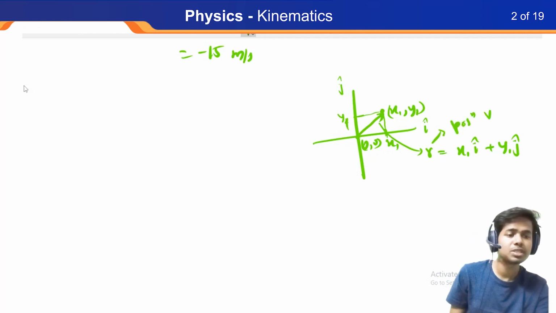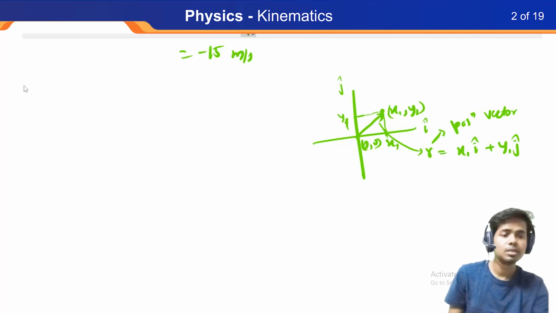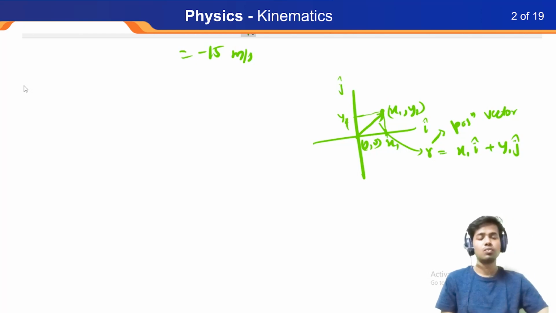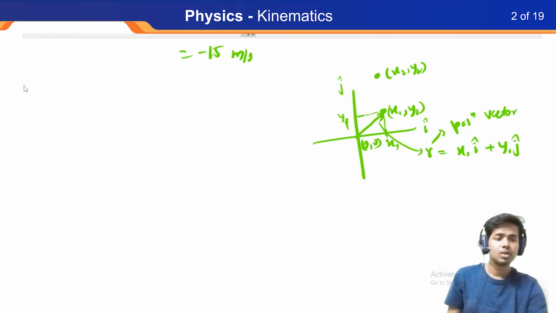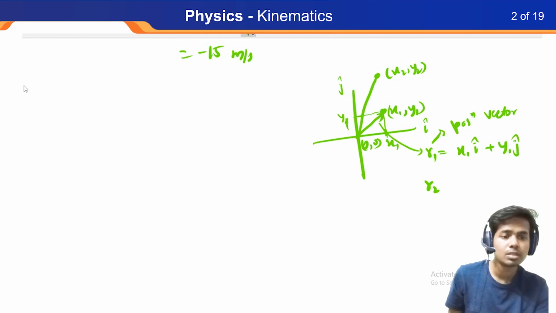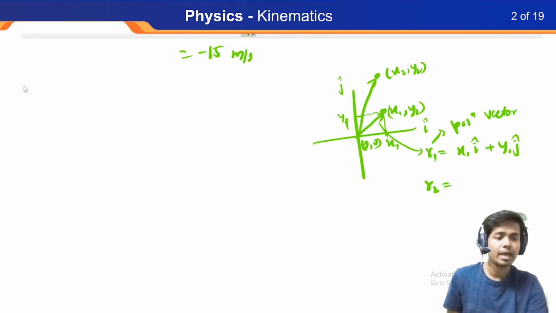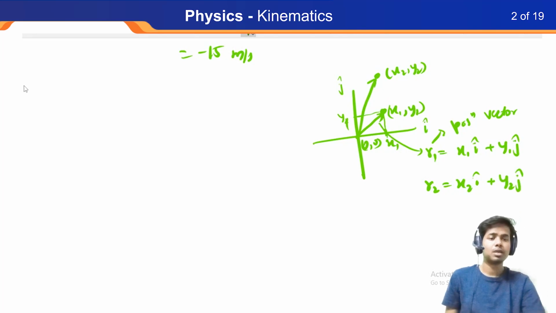Position vector. What if you're moving from this point to this point, which is x2, y2. This is r1. And for the position vector of this one, what you will have is x2 i cap in the same manner plus y2 j cap.